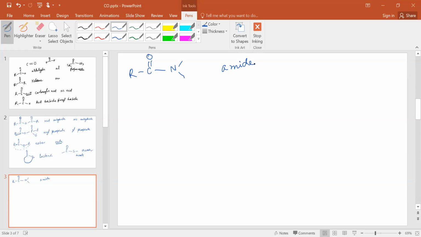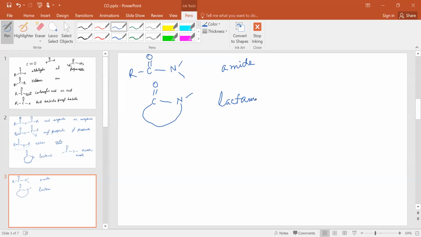Now this amide, if it is cyclic, with the nitrogen attached to the carbon like an ester, is called a lactam. When an ester is cyclic, it is called a lactone; when an amide is cyclic, it's called a lactam.